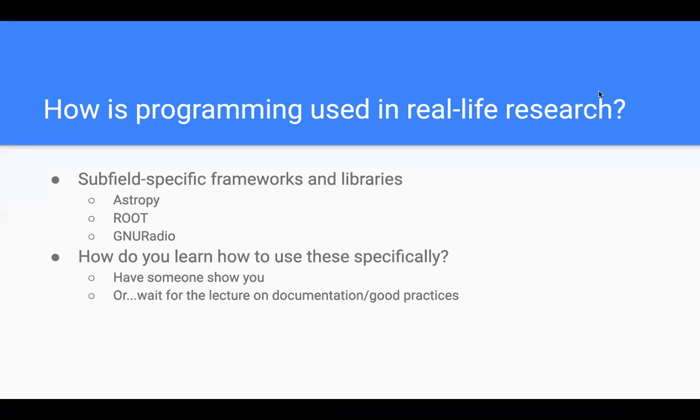There's a bunch of specific libraries and frameworks that people use in real-life research. Probably the biggest example is AstroPy in anything astronomy related. There's a bunch of common applications to astronomy. A really common data type is a FITS file, and I forget exactly what FITS stands for.